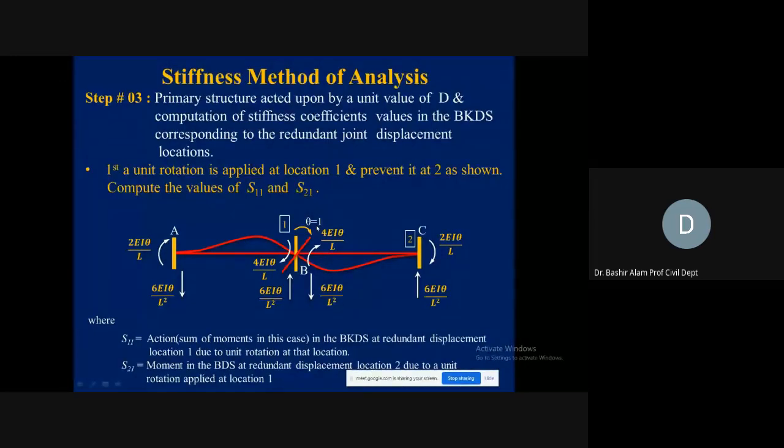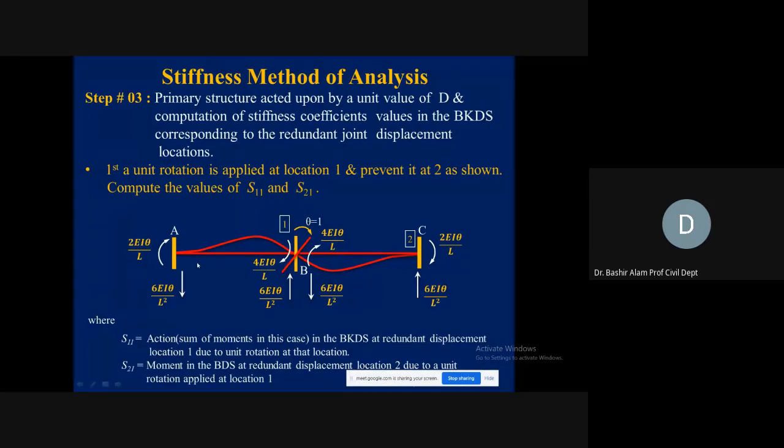Now, there is a very nice relation. If you give a rotation at one end, how much will be the action generated at that end? The end near to where we are applying the rotation is known as the near end, and the other end, which is far, is known as the far end. When rotation is applied, at the near end the action, which is the moment generated, will be 4EI theta divided by L, the length of that particular span.